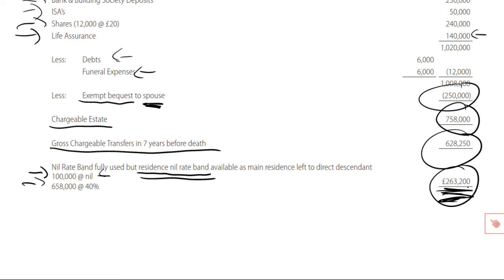But because it existed, that means that if there was a PET 6 years before the date of death, whereas we could ignore the earlier PET, it would not be deemed to have used any of the available nil rate band. Sadly, as we're going to discover in our next session, if you've got a CLT 8 years before the date of death, so it is not chargeable on death, but it is within 7 years of any transfers that do fall within that critical period of 7 years before death and therefore become taxable.